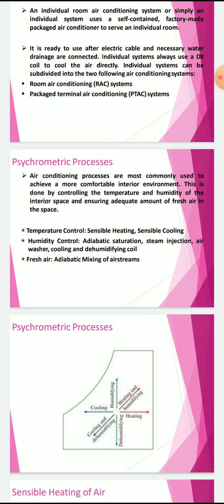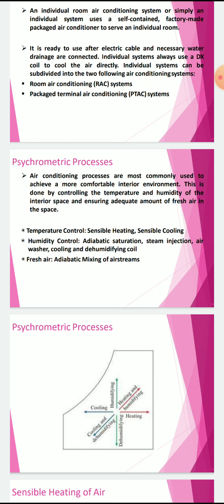And sensible cooling is required in areas of hot temperature, desert areas and hot countries. By maintaining temperature alone we cannot condition our air. It is also required to maintain the humidity and quality of the air. How is the humidity controlled?